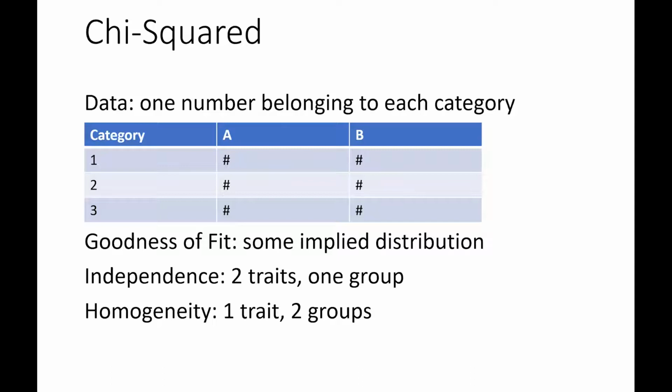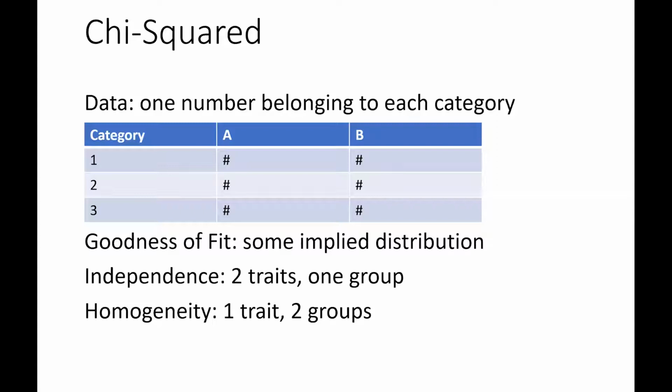When you're doing goodness of fit, that means that there's some implied distribution, whether that's binomial, Poisson, or a Mendelian segregation one. There were a lot of people who had issues with the Mendelian genetics, so I definitely recommend you review that before the exam. For independence, you have two traits in one population, and you're trying to see, are they independent from each other?